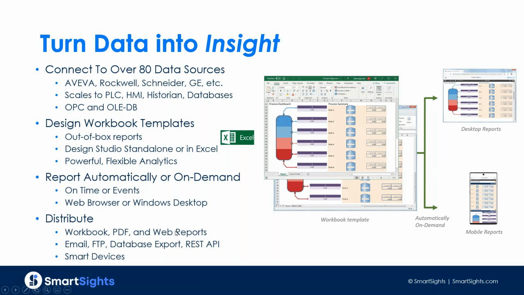And it can also act as middleware between an industrial data source or industrial data system and a business system. So it can crunch out some process metrics, export those to relational databases, or expose them to a REST API. So these higher level data systems can make use of the data that our product is producing.